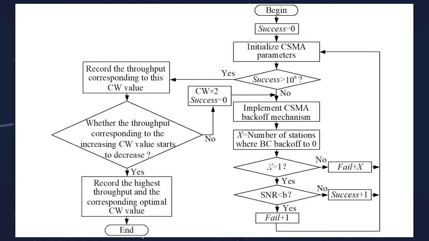If the throughput corresponding to the contention window value is lower than the previous value, the experiment is terminated, and the corresponding contention window value and the throughput are recorded. The basis for this is that with the increase of the contention window value, the throughput can only have two trends. First, keep decreasing. Second, first increase and then decrease.